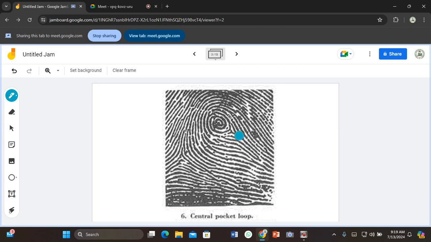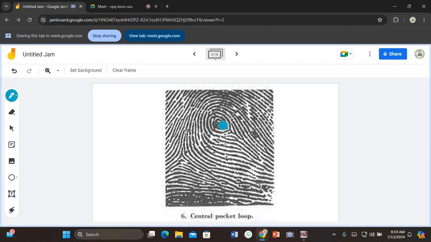If you draw an imaginary line between these two datas, it will not touch the curve that has made a complete circuit, which means that is a central pocket loop.